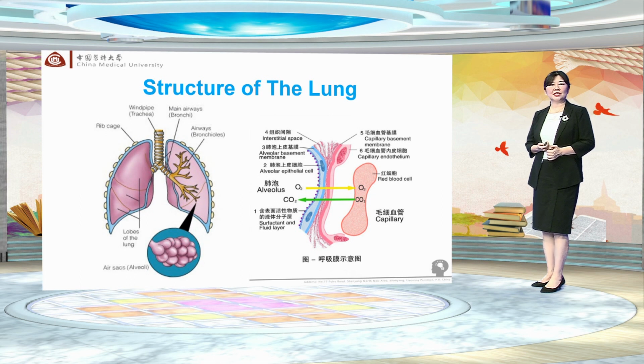Now, let's review the structure of the lung. The trachea divides into right and left bronchi, and the lower bronchi and so on, to the ends of the air sacs, so-called alveoli.